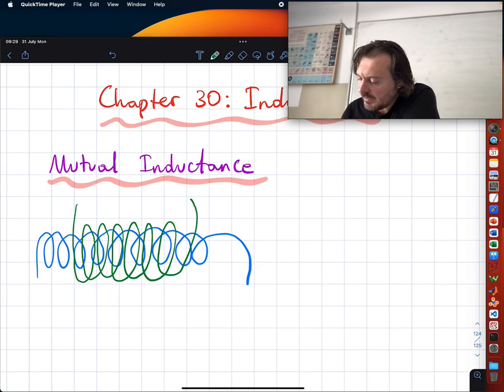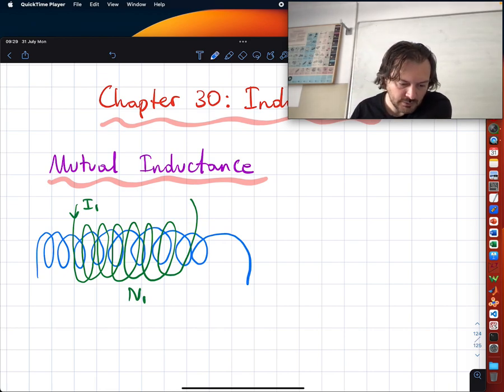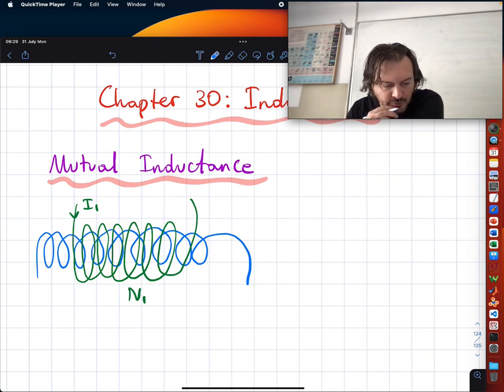So this one has a current I1 and number of turns is N1. We don't care about the current in the other one yet. The other one has N2 turns.